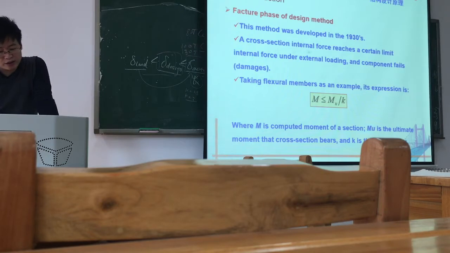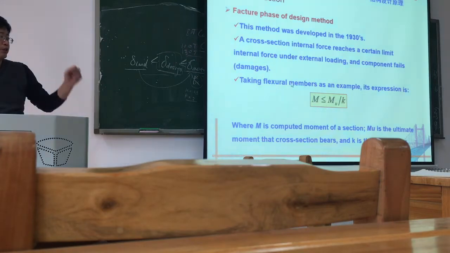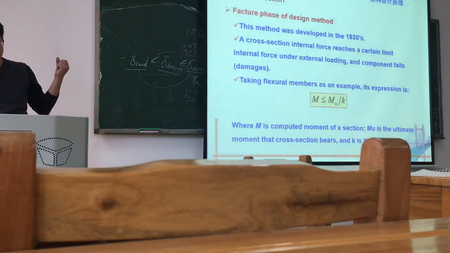Once the cross-section internal force reaches a certain limit, we call the component failed or damaged. So when we design, we need to keep the cross-section internal force smaller than some value to avoid failure of this component.